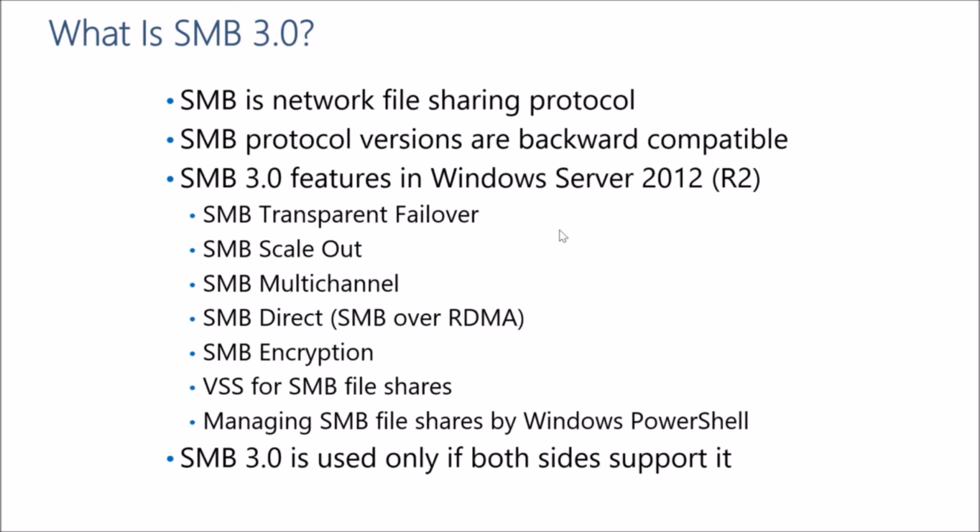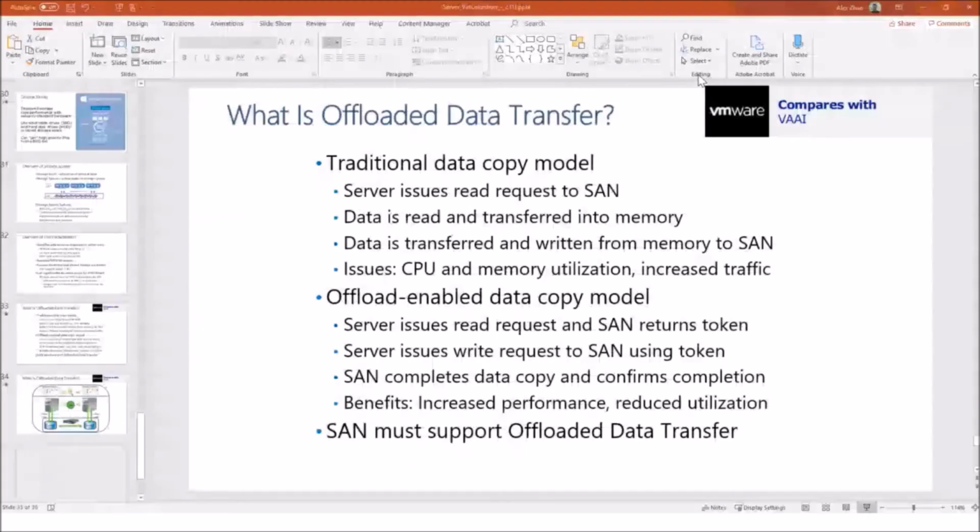We can use SMB Direct, which is SMB over RDMA. You can also employ SMB encryption, and you can use Volume Shadow Copy Services for SMB file shares. It can be managed by PowerShell, but SMB 3.0 must be available on both sides before you can use it.